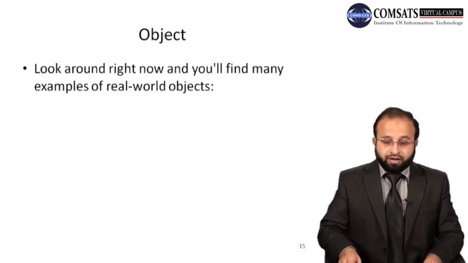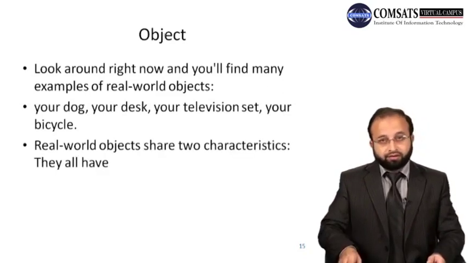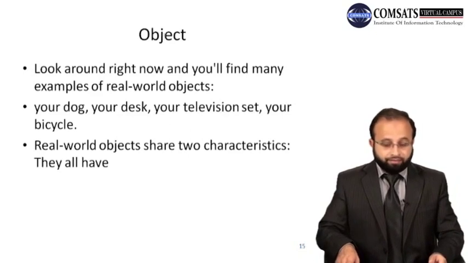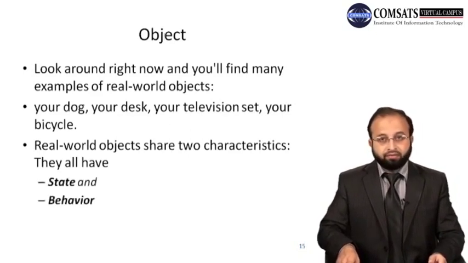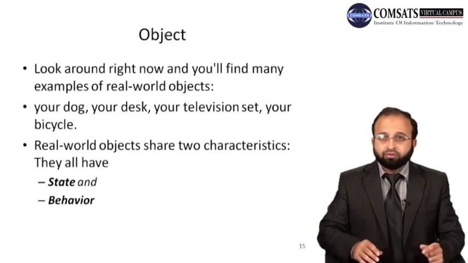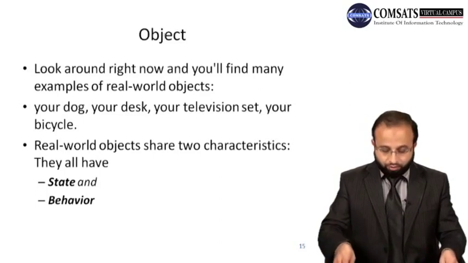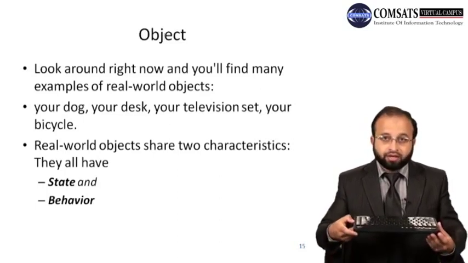Now objects. So you can look around now and you will find many examples of real world objects, right? For example, your dog, your desk, your television, your bicycle, these are all objects. Real world objects share two characteristics. They all have state and behavior. So every object that exists in the real world, everything in your room, is an object. For example, this mouse is an object. The keyboard here is also an object.